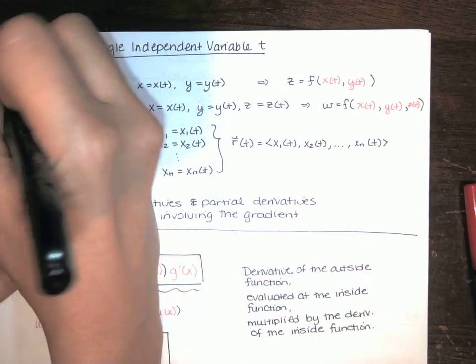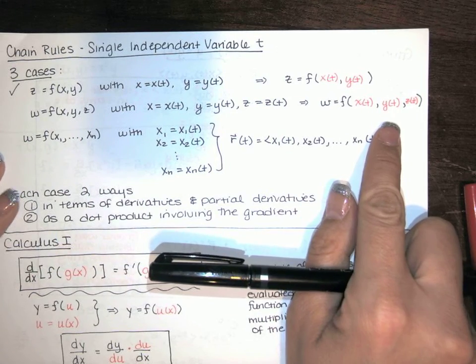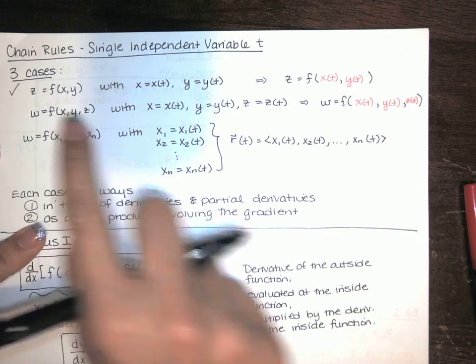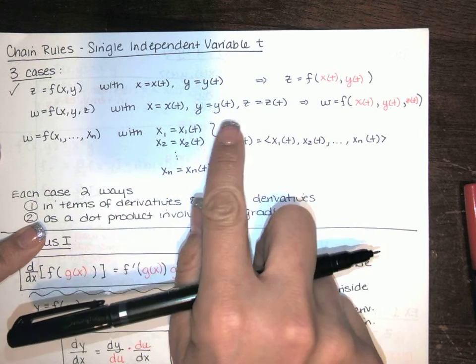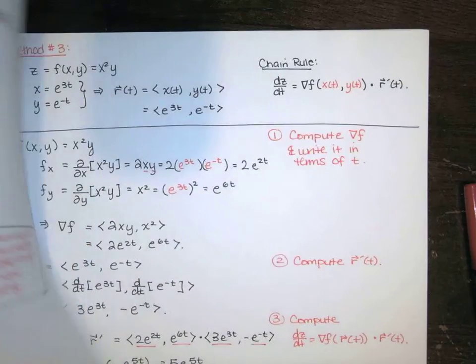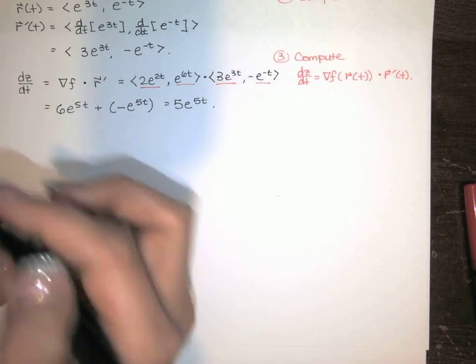That was this guy. Now this one is very similar. The only difference is now you have a function of 3 variables, and you're replacing x with x of t, y with y of t, and z with z of t. Well, I think you can imagine what this new chain rule is.